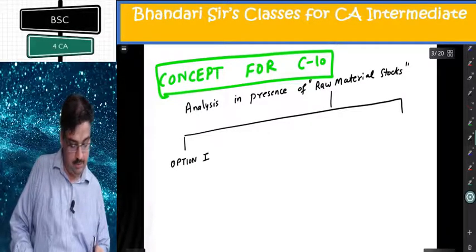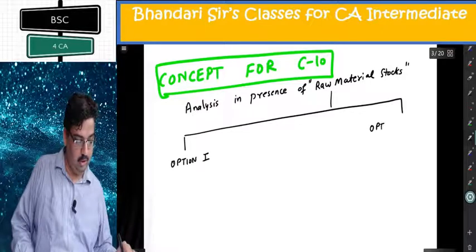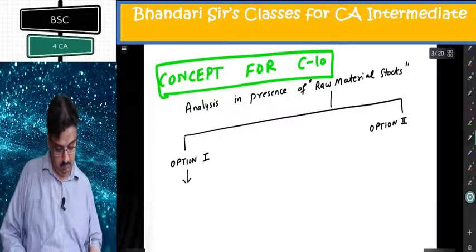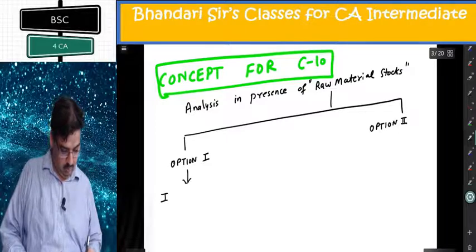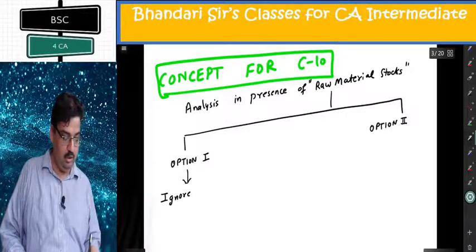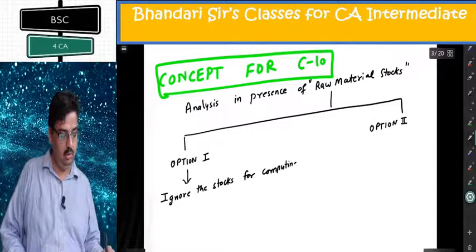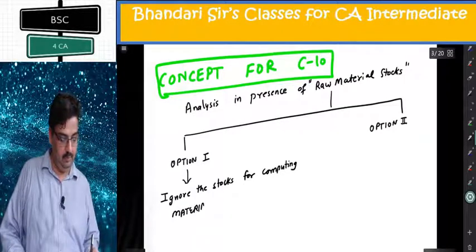There are two options, and we are going to do both in the question. Ignore the stocks for computing material price variance.